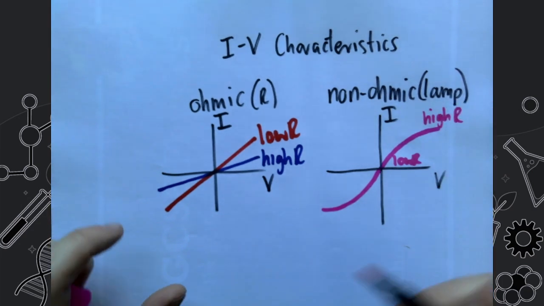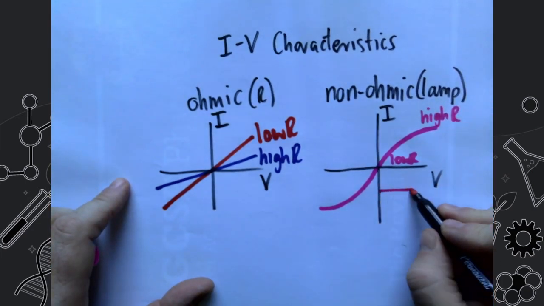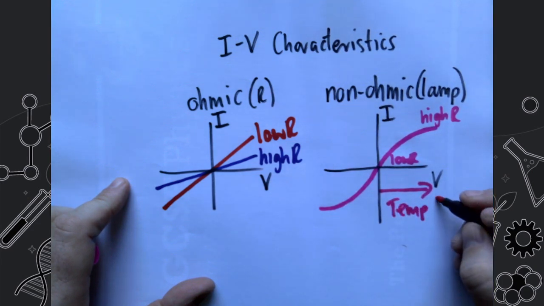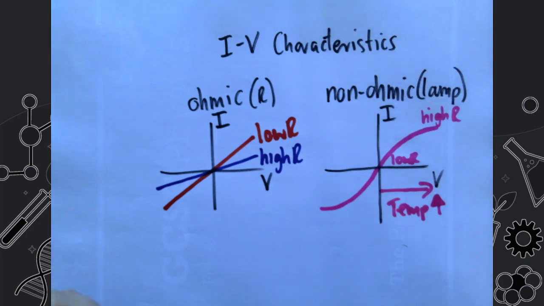And that happens because as you go from here to here, the temperature increases. So that's called non-ohmic. That's a shape that you'll find.